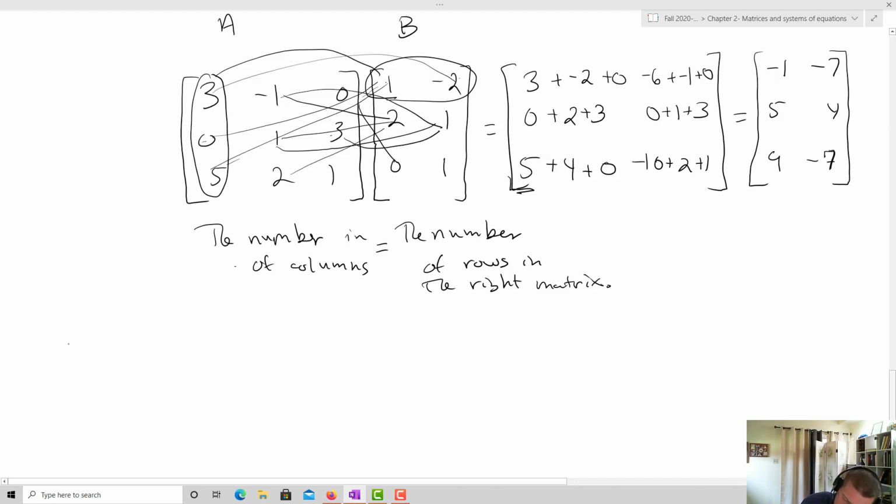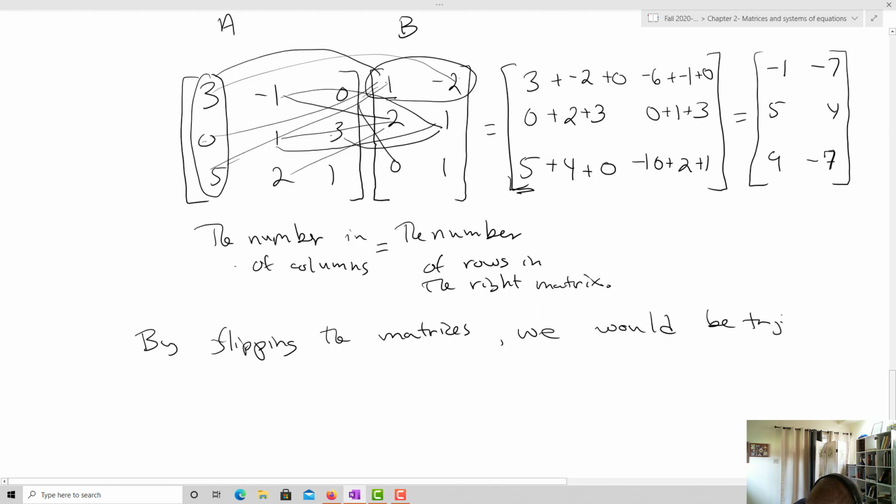We'd be trying to take the dot product of two vectors that are not the same size, and that's not possible.